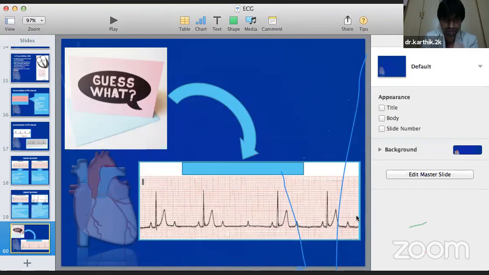For example, in a patient of mitral stenosis, after a long duration, there is enlargement of the left atrium as well as the right atrium. And when this happens, the P wave not only increases in its height, but also in its duration, the width.